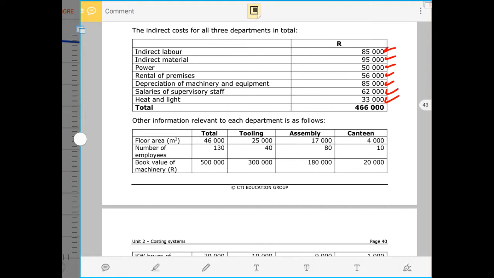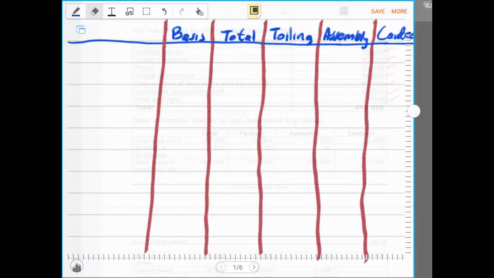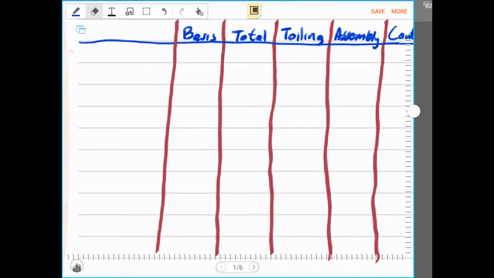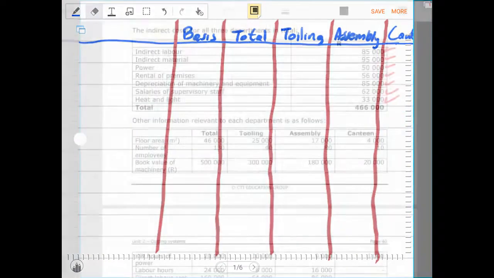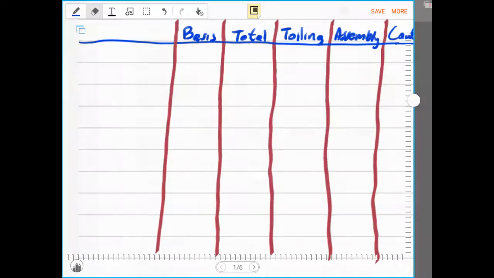So I have the table that I've already prepared for you, and in the table I only have to write the overheads. The first overhead is the indirect labor, then after we have indirect material.